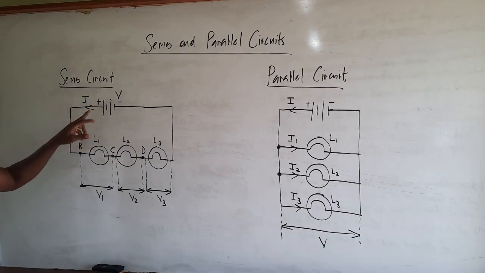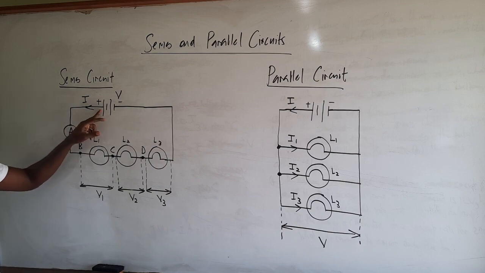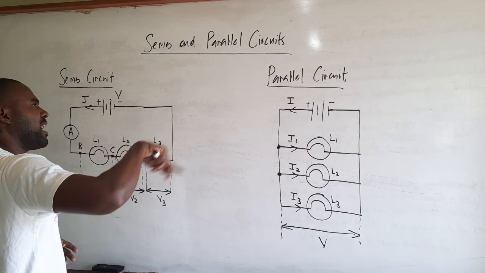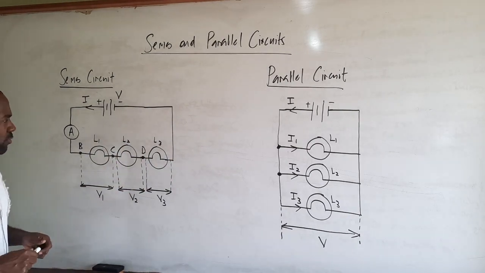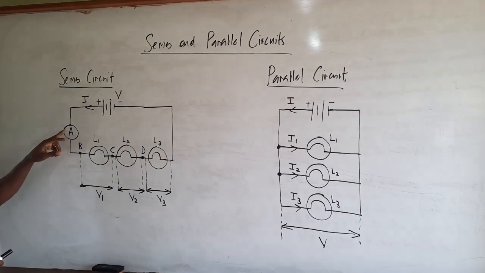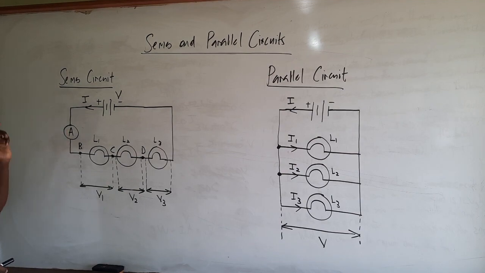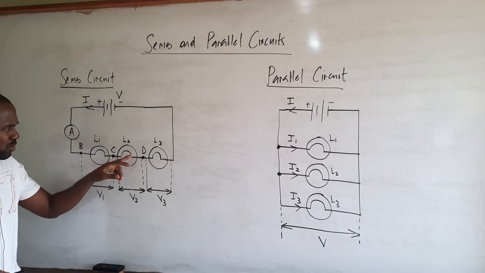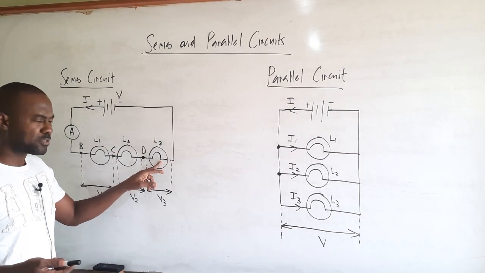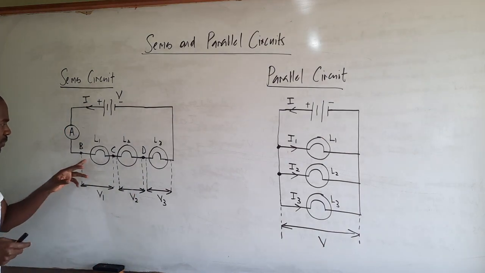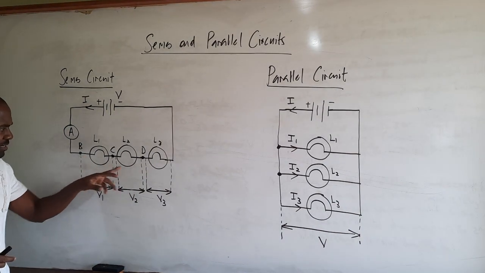So the conventional current I is flowing from this positive end of the battery and goes around this circuit in an anti-clockwise direction. In this circuit we also have an ammeter labeled A, and we have lamps L1, L2, L3 connected in series. We've also identified 3 points along the circuit, say B, C, D.